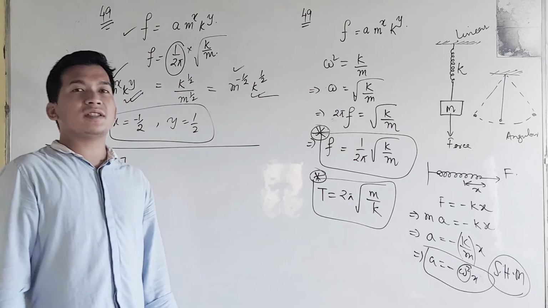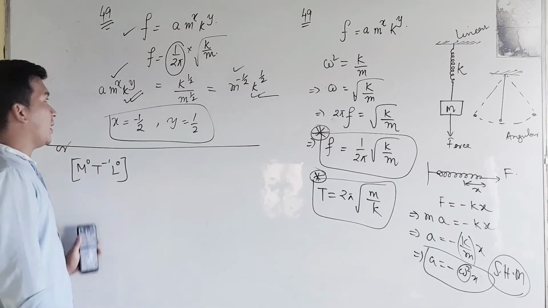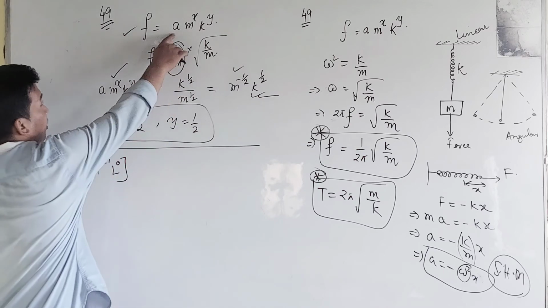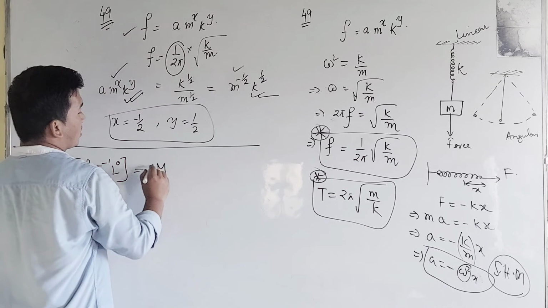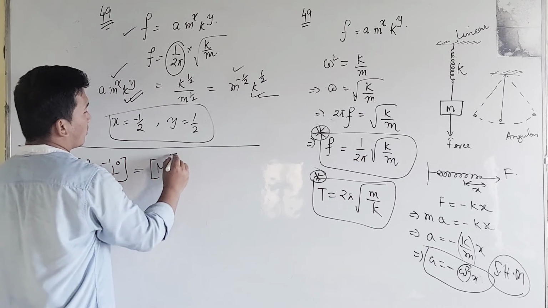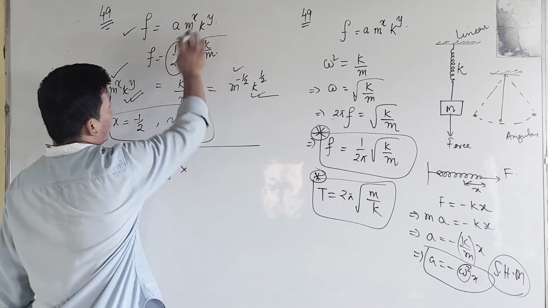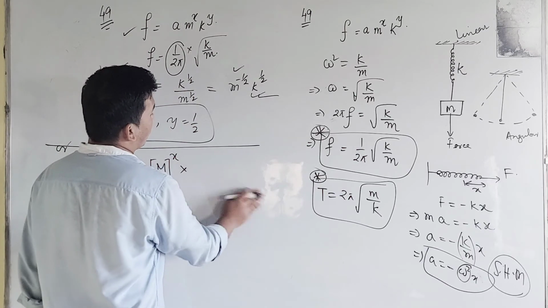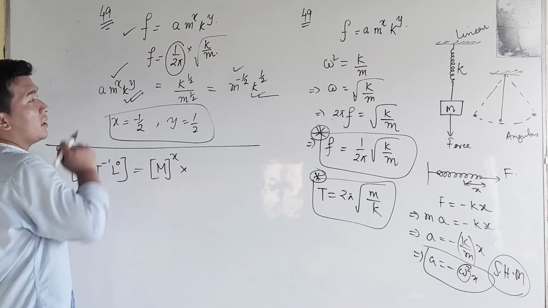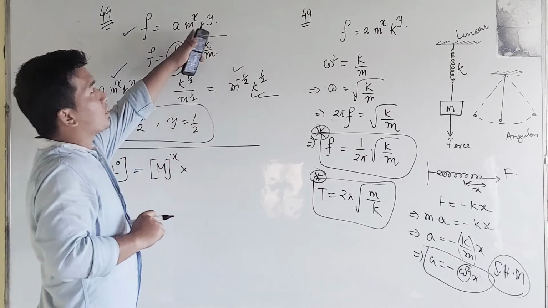It is T inverse, and this is a constant, so we are not going to consider it. This mass is raised to power x, and what about k? K is the spring constant.